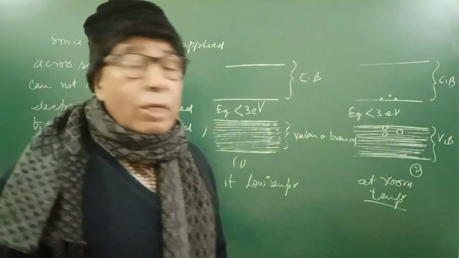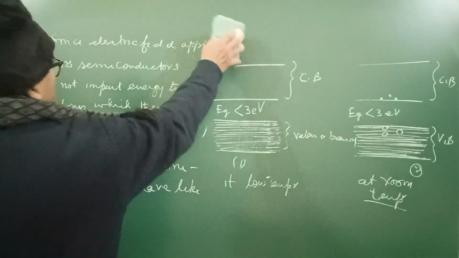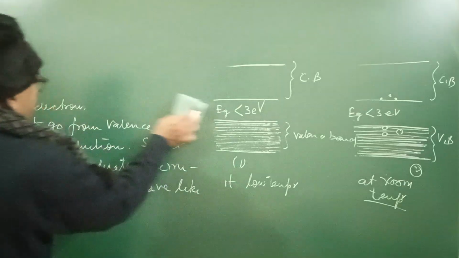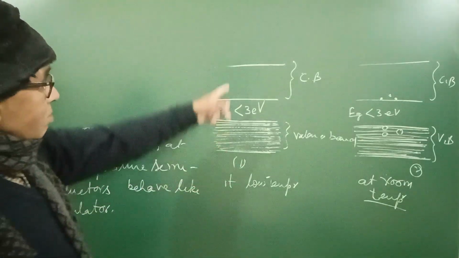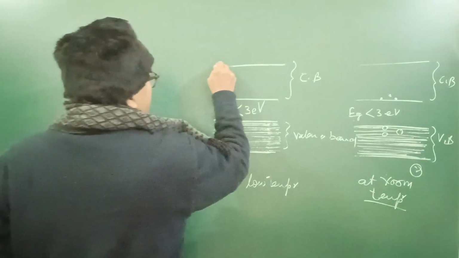Completely they become an insulator. As shown in figure 1, at low temperature the conduction band is empty.